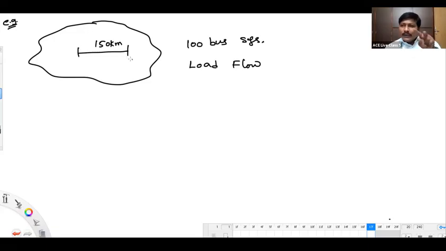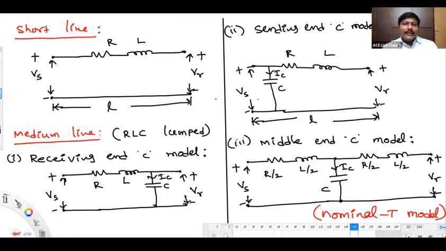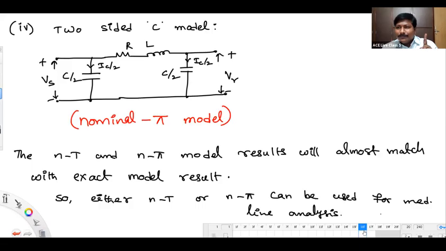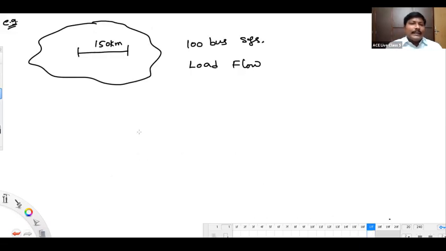If you want to replace this medium line with its electrical equivalent, there are two options. One, we go with a T model. Next, we go with the pi model. Let us say this node is X and this node is Y. X and Y, two nodes.